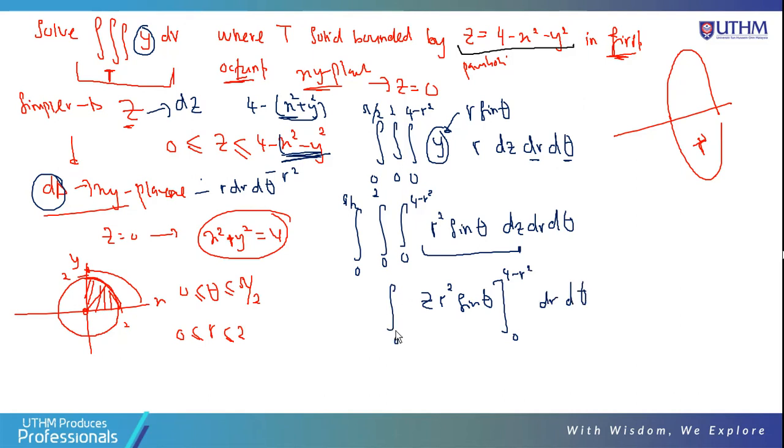So remaining theta from 0 to pi over 2, and then you plug in the z limits. It becomes 4r square sin theta minus r to the power 4 sin theta.